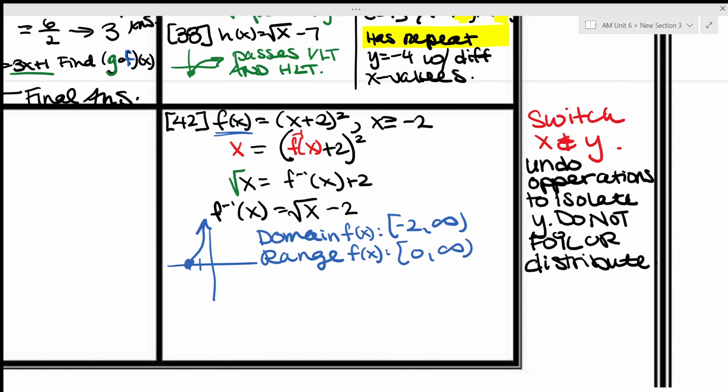Then to do your domain and range for your inverse function here, you're just going to switch them.